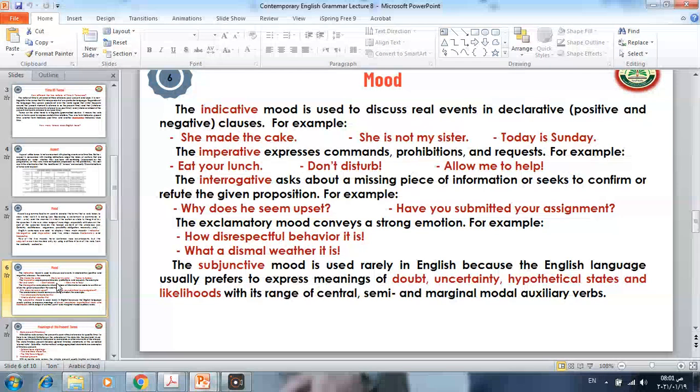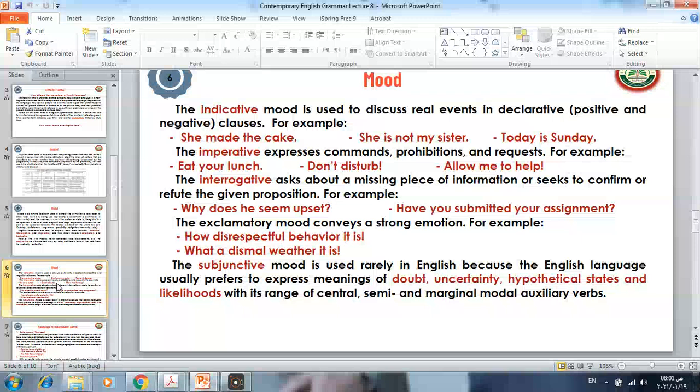Here it expresses the speaker's attitude toward the factual content of her being his sister. So he is denying the fact that she is his sister. And today is Sunday. So here the speaker is telling us for sure that today is Sunday.